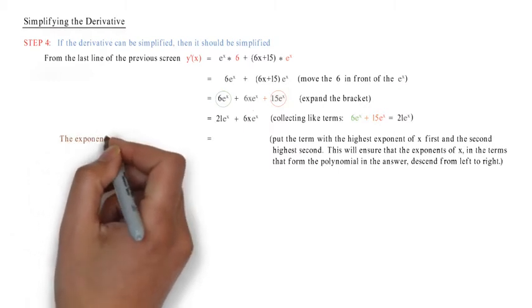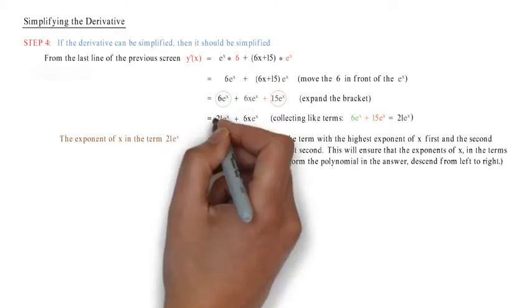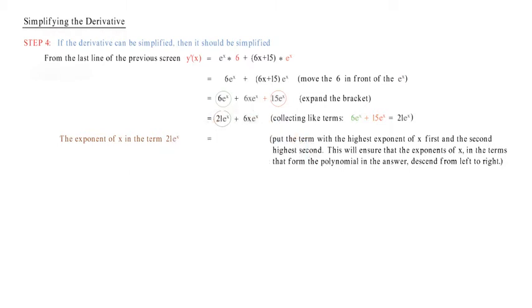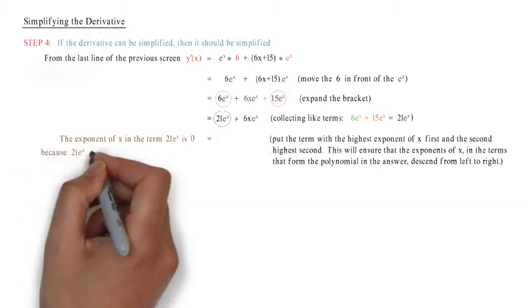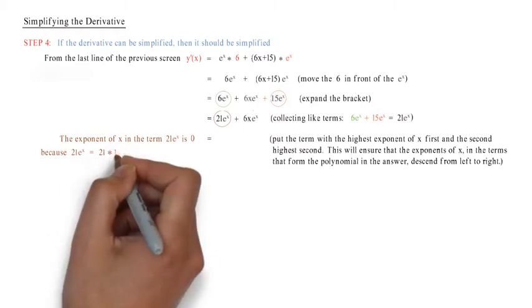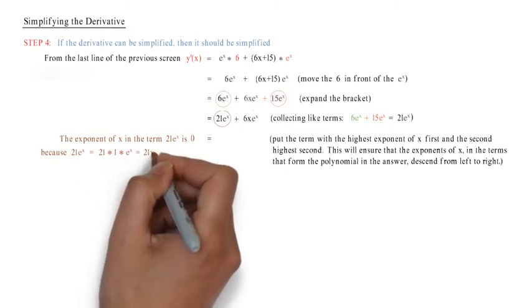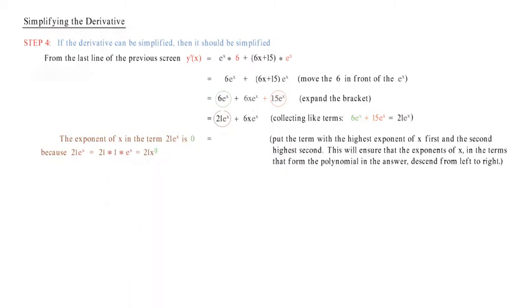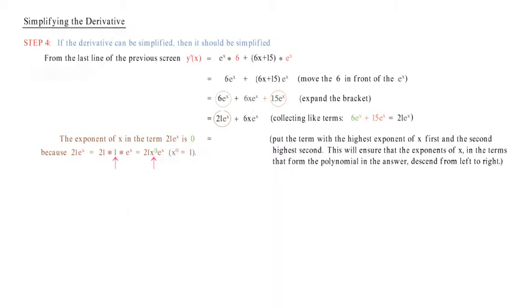The exponent of x in the term 21 e to the x is 0 because 21 e to the x can be written as 21 times 1 times e to the x, which equals 21 x to the 0 e to the x after replacing 1 with x to the 0 because x to the 0 equals 1.